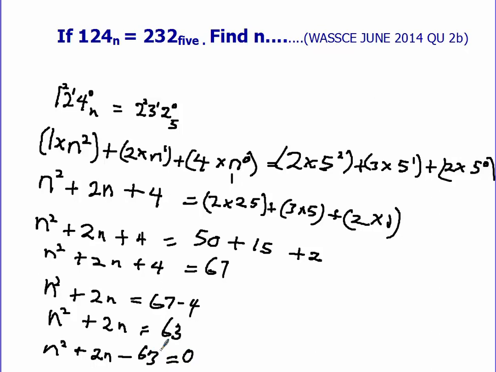So I'm going to factorize this equation so that I can find the value of n. Therefore, n to the power 2 plus 2n minus 63 equal to 0.